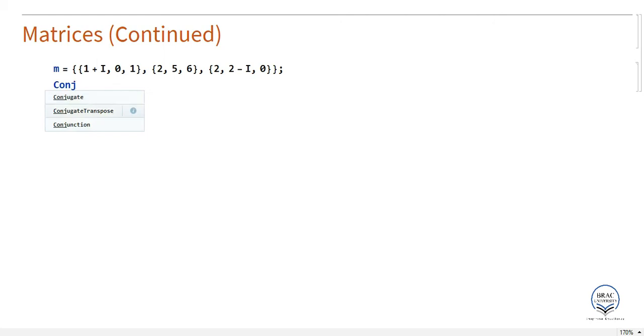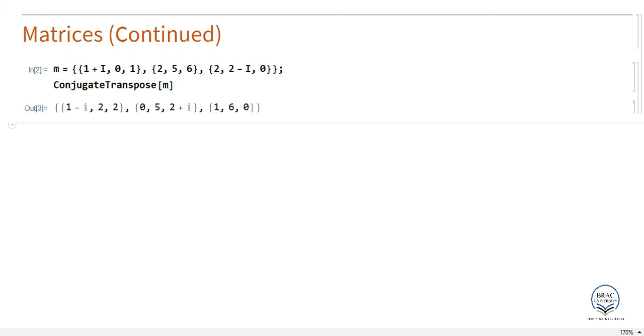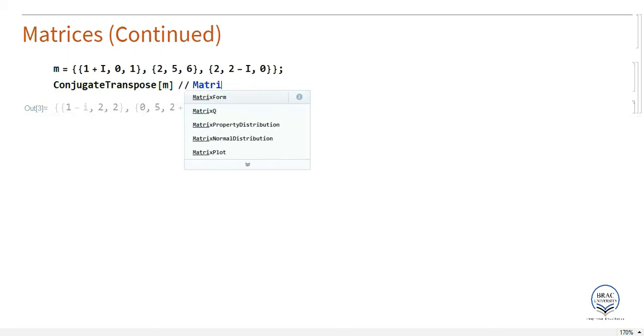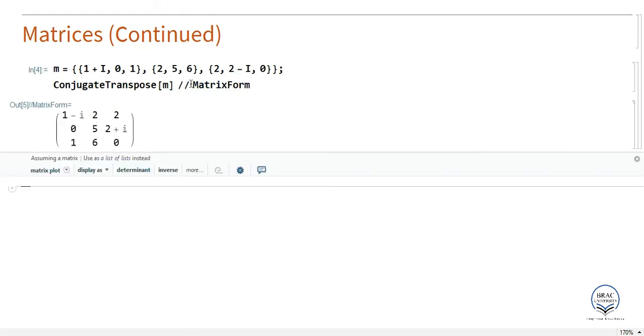As you can see, it's not transpose conjugate in Mathematica, rather conjugate transpose. So if you click it, put your m, and run it, and let's say I want to show it in the matrix form, there you go. So this is how you can easily get the transpose conjugate as well.